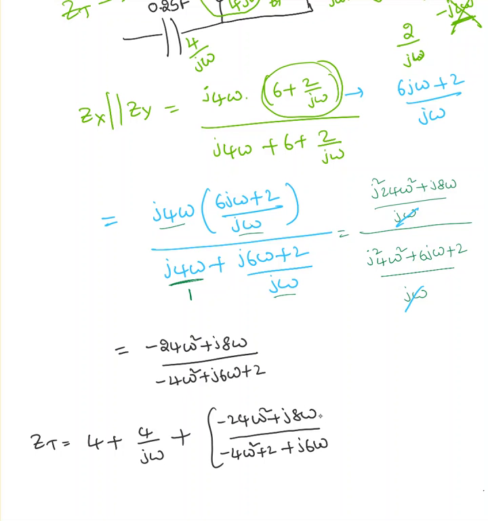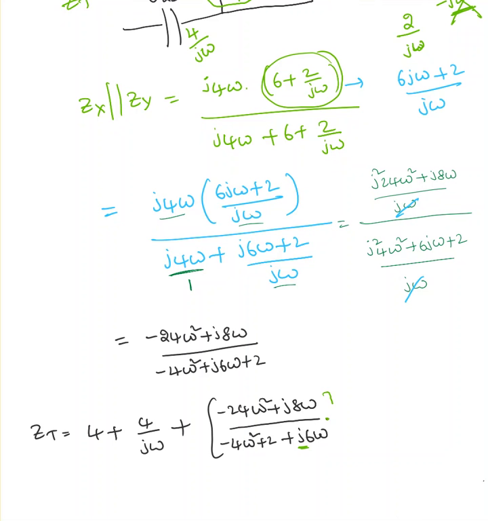I rearranged the denominator because, as I mentioned, we need to eliminate this j in the denominator; only then can we separate the imaginary part. So I'm going to multiply and divide by the complex conjugate of the denominator: minus 4 omega squared plus 2 minus j6 omega, over minus 4 omega squared plus 2 minus j6 omega.